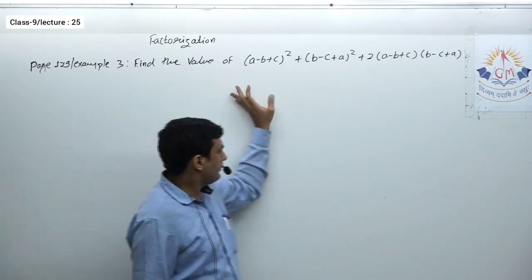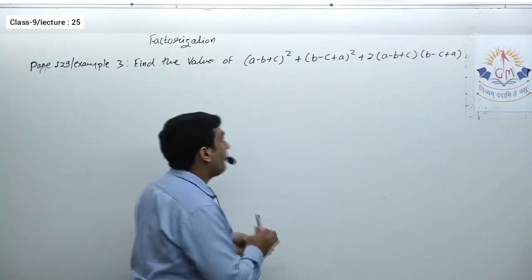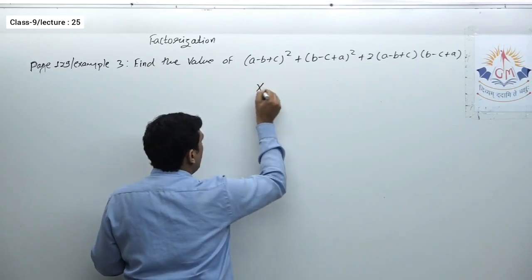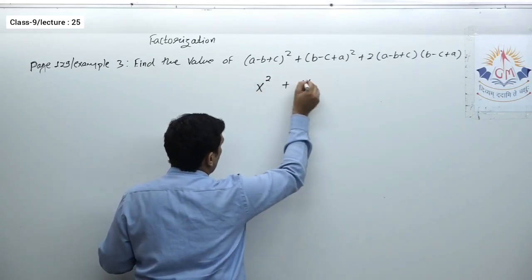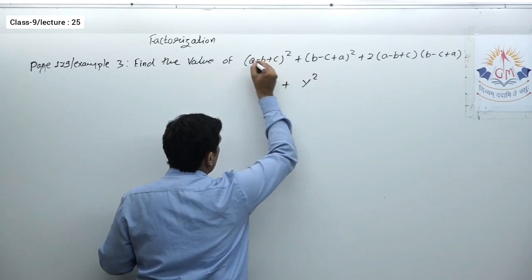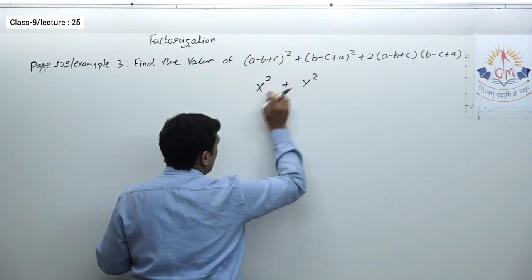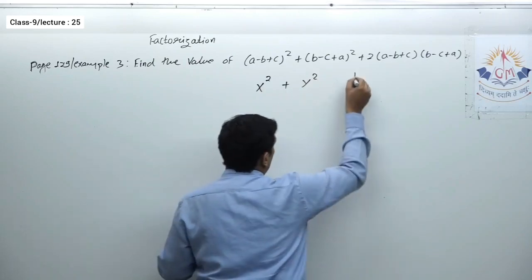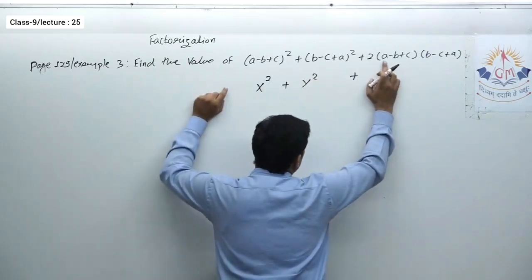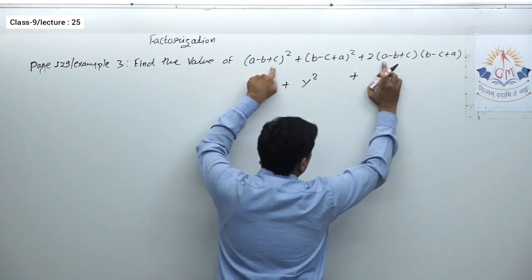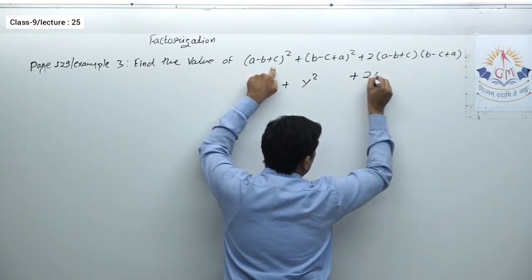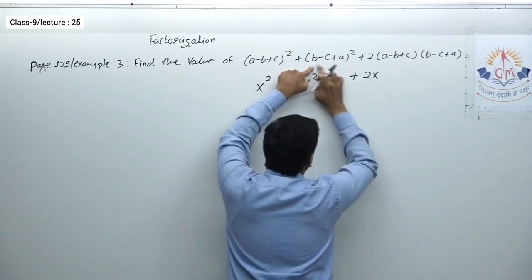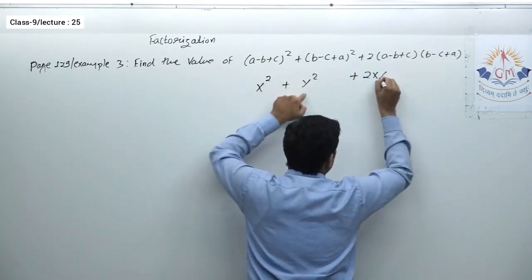Now if you observe this carefully, here is the square of one quantity, here is the square of a second quantity. For a while, let this be the square of x, this the square of y. That means I am considering a minus b plus c as x and b minus c plus a as y. Again, if you observe carefully, this a minus b plus c is written over here too, so it is actually 2x, and this b minus c plus a is the same over here, that means y.